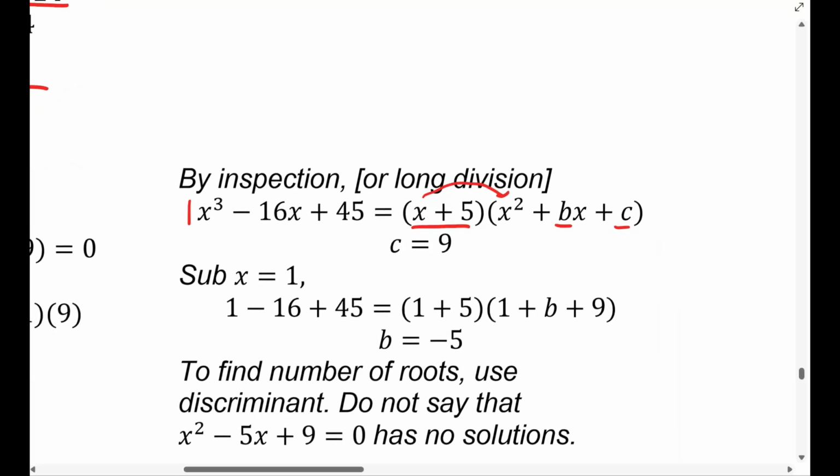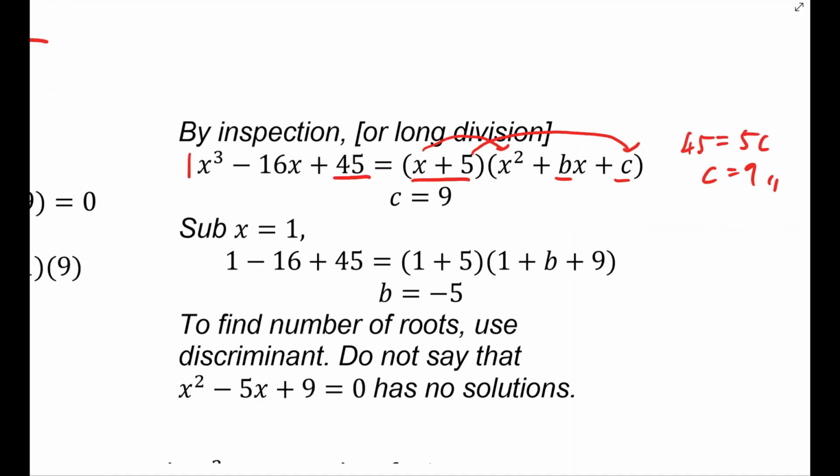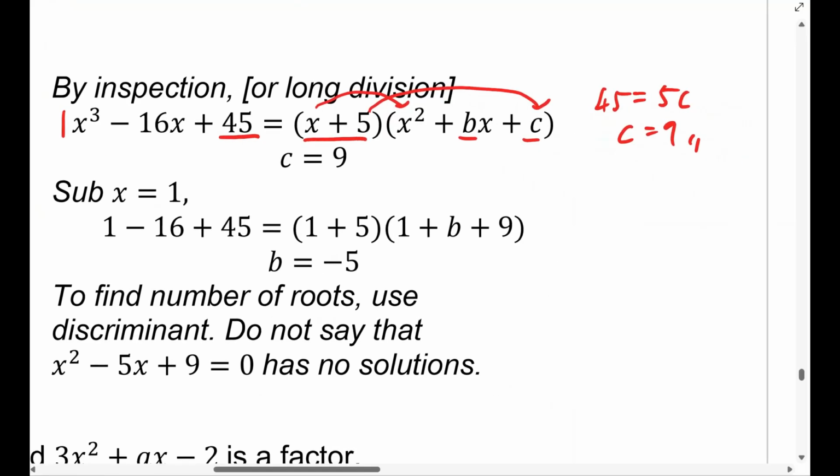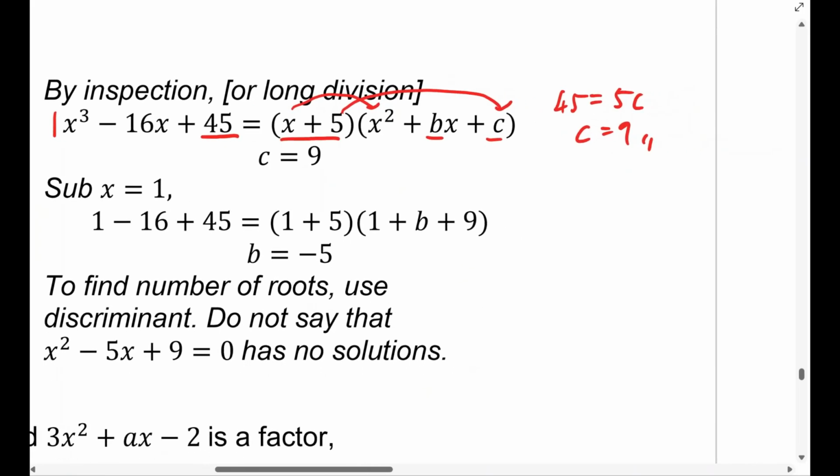So now we compare the lowest power to get c. How do we get c on the right hand side? We'll use 5 times c. And on the left hand side, your constant is 45. So you can let 45 equal 5c, c equals 9. And to get b, we can sub any random value of x and then solve for b, or we can also do what we did previously, which is to compare coefficients for x.